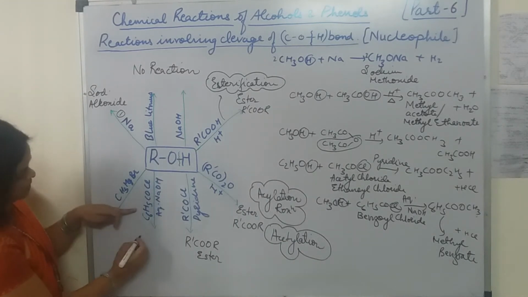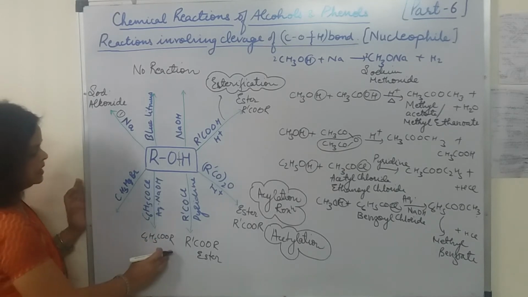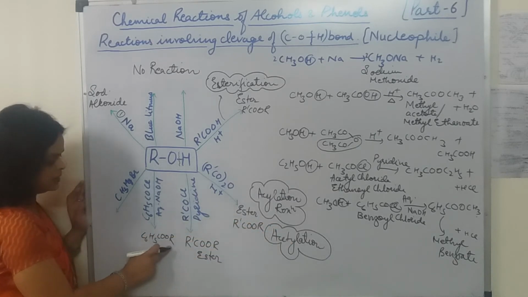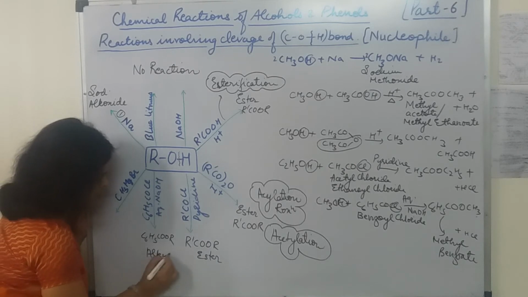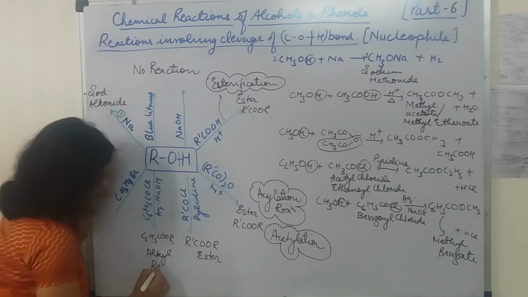We will start from here, C6H5COOR. Okay, so here we are getting the alkyl benzoate. Whatever the R group will be there, it will be formed, and the name will be according to that, alkyl, ethyl, methyl according to that, and the remaining part will be benzoate.